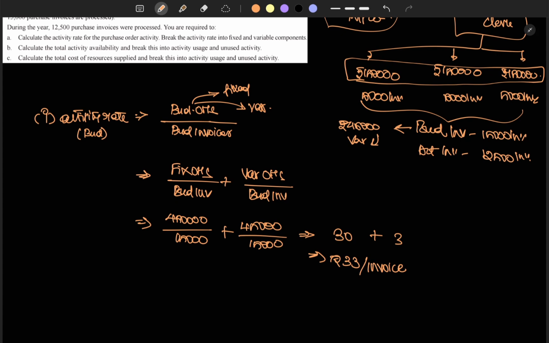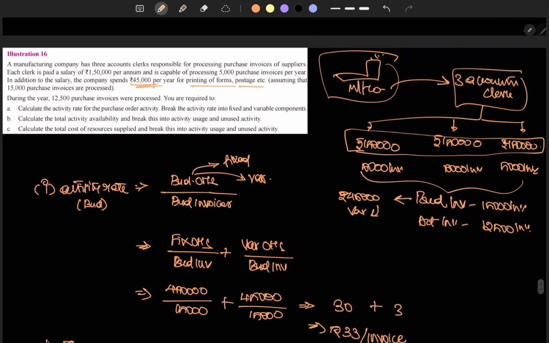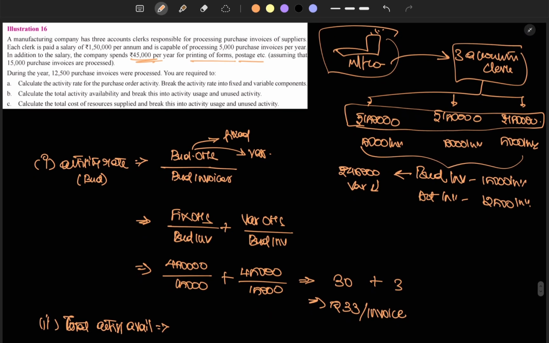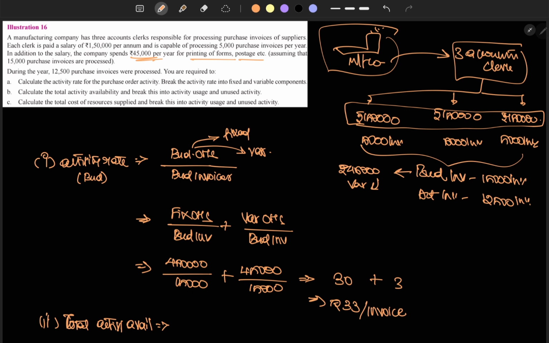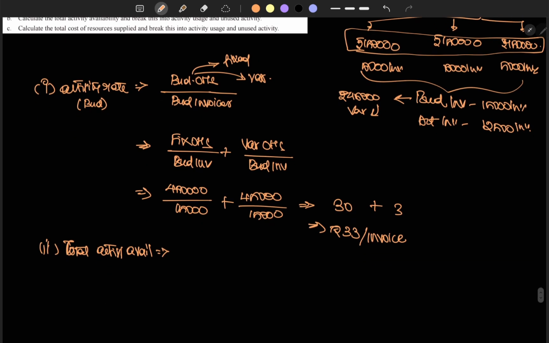Next is total activity availability. What could be the total activity availability? It is 15,000 invoices. That's the maximum capacity we can do.